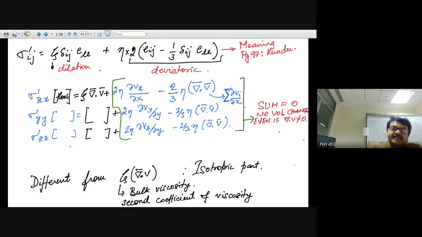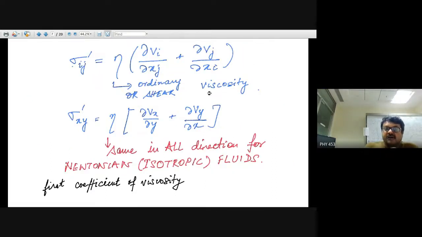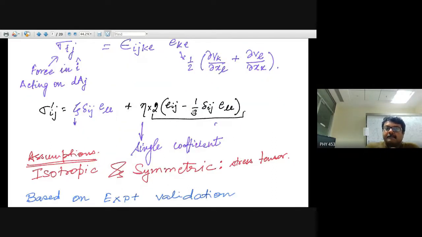Sigma dash xx will have zeta, the bulk viscosity, times divergence of v, because of the repeated index, and then 2 eta del vx del x minus 2/3 eta divergence of v, right? So that's what you will get from this term. Note there's a 2 here.